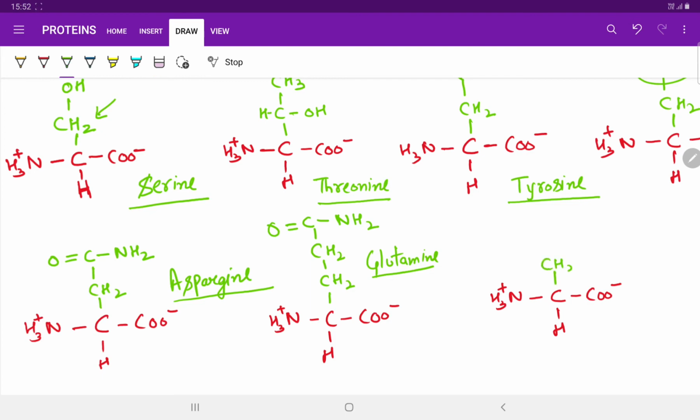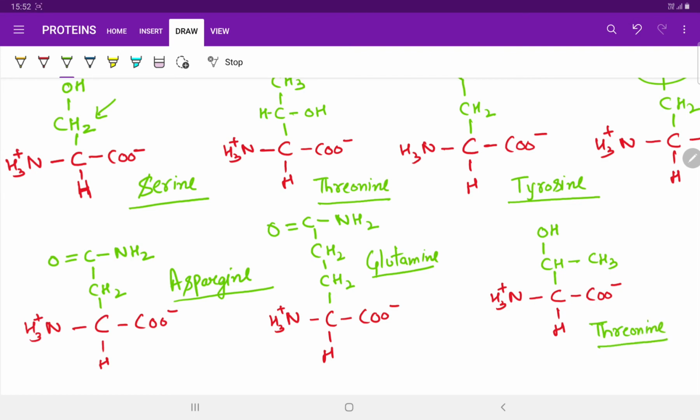This will be CH2OH and this is serine. Now from serine, the next structure we shall be learning is threonine, by addition of one methyl group. Now in the structure of threonine, a methyl group will be added here, and this is known as threonine.